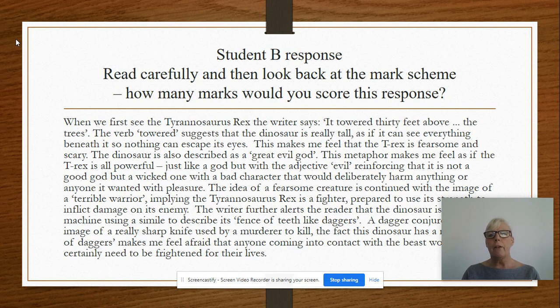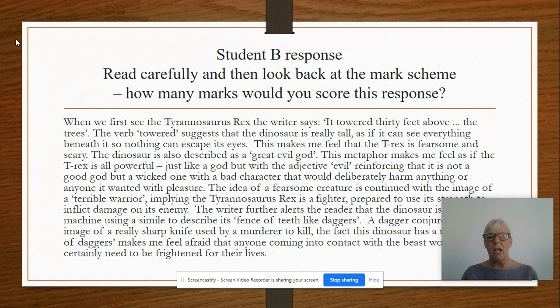The idea of a fearsome creature is continued with the image of a terrible warrior, implying the Tyrannosaurus Rex is a fighter, prepared to use its strength and inflict damage on its enemy. The writer further alerts the reader that the dinosaur is a fighting machine, using a simile to describe its fence of teeth-like daggers.